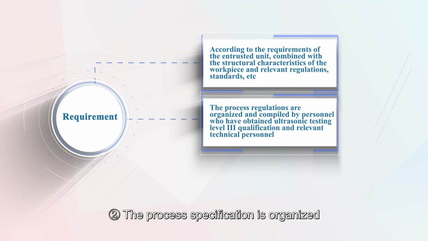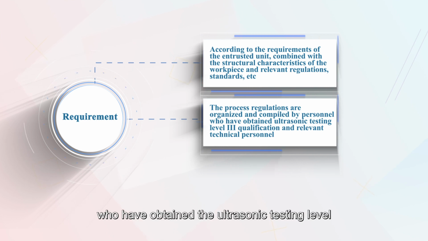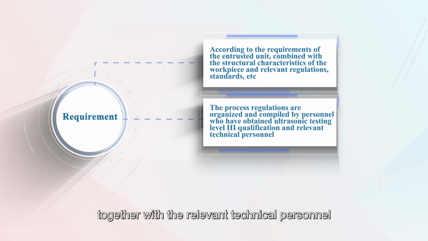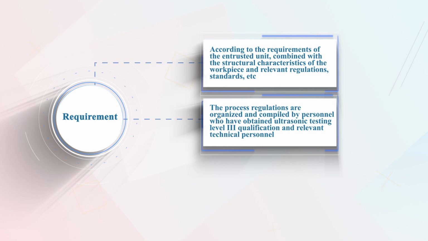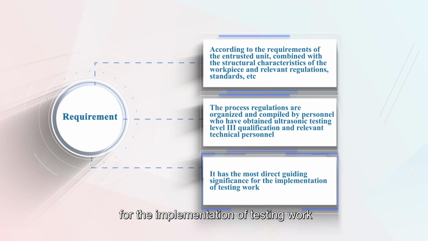The process specification is organized and compiled by the personnel who have obtained the ultrasonic testing level 3 qualification together with the relevant technical personnel. 3. It has the most direct guiding significance for the implementation of testing work.